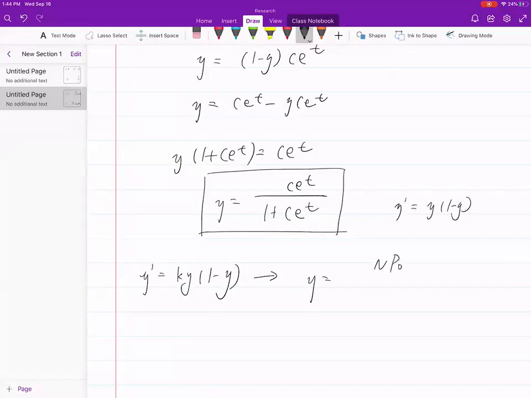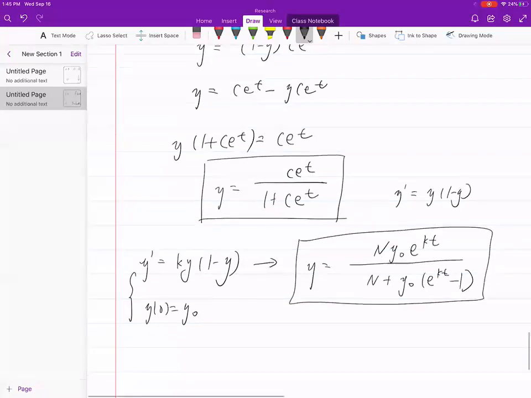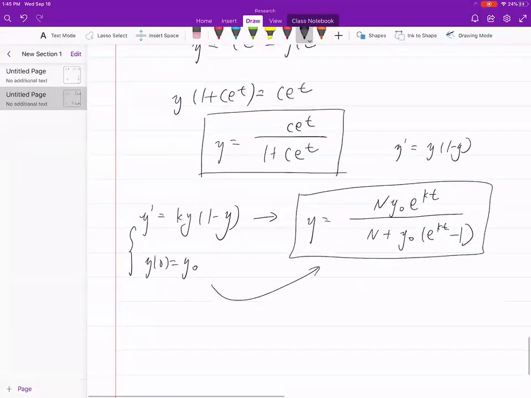y at 0 equals y0, because this is important. So I will put it here. n y0 e to the kt divided by n plus y0 times (e to the kt minus 1). I would say not a homework, but assignment.